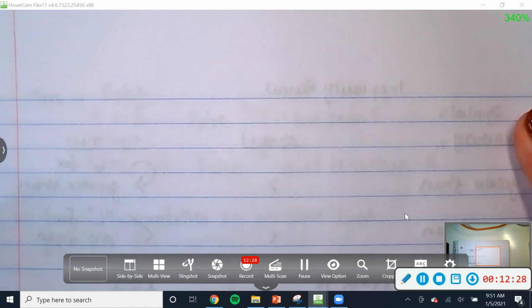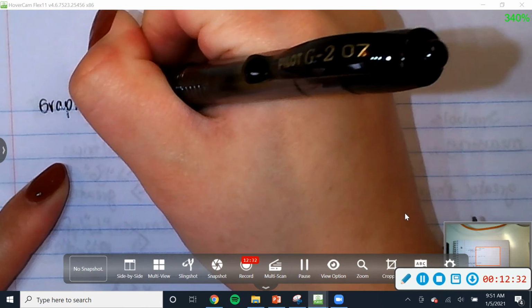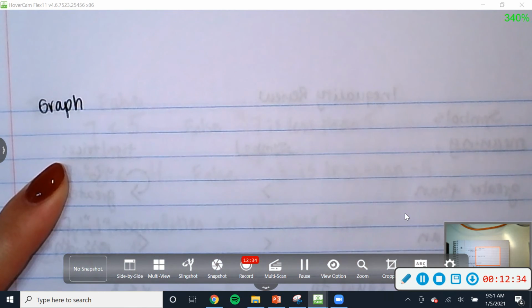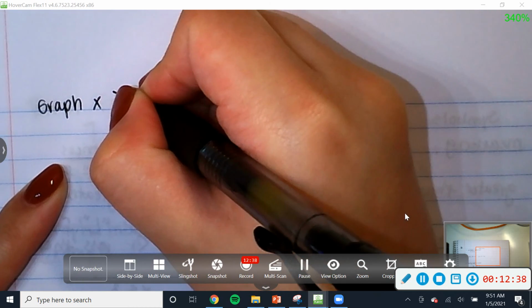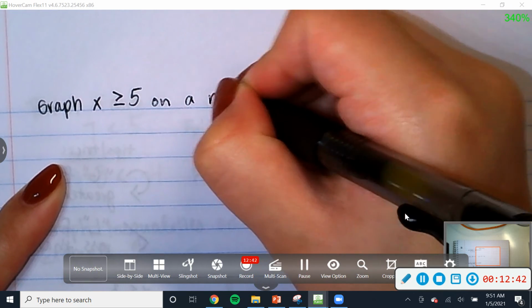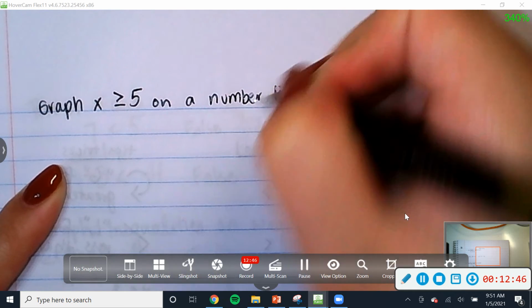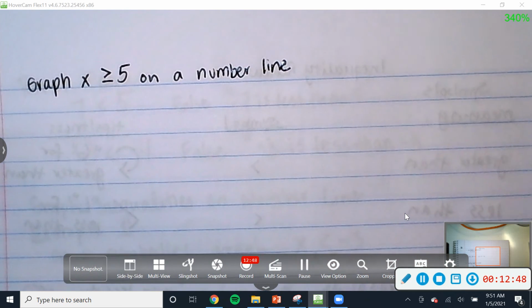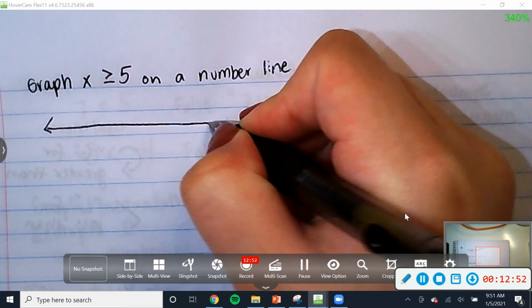So for this last example, we want to graph x is greater than or equal to 5 on our number line. And I'm just going to draw the number line really quickly here.